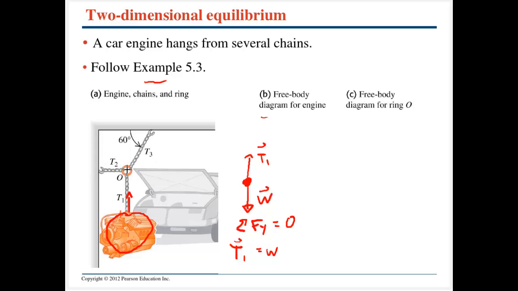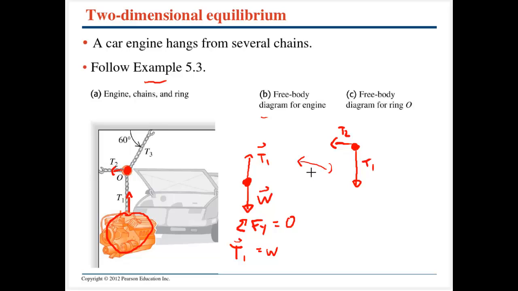Now if we consider the free body diagram for the O-ring right here, it's going to first have the tension 1 in the string in the downwards direction. It's going to have some tension in the string over here, tension 2. I'll also note real quick that here we have a T1.